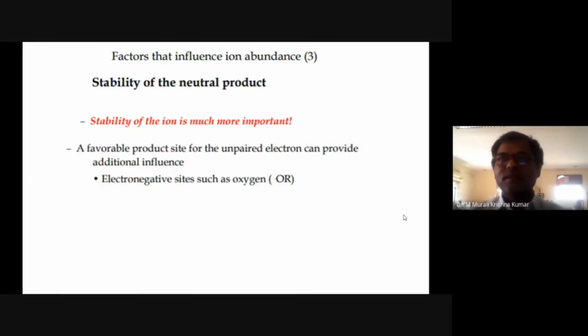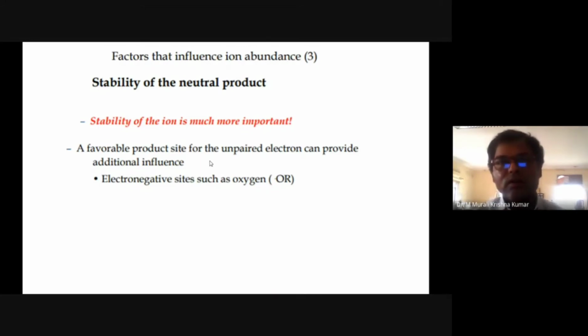But in some cases, the carbon is connected to electronegative species or other heteroatoms like oxygen, nitrogen, halogens, sulfur, etc. So the neutral fragment also will be formed very easily, because those atoms, like halogens, have electron withdrawing capacity, so they can hold on to the odd electron that is remaining.